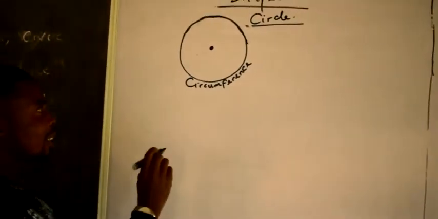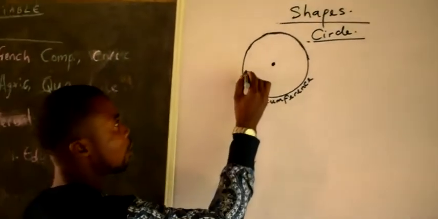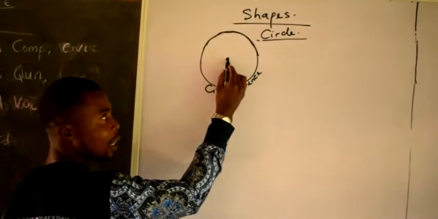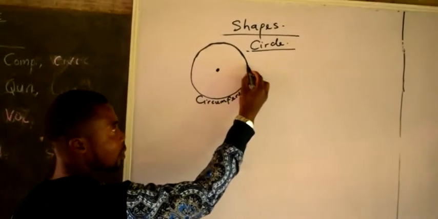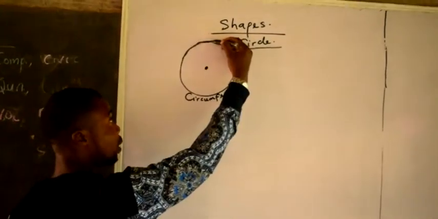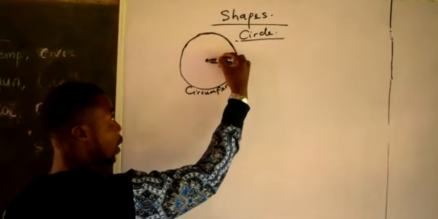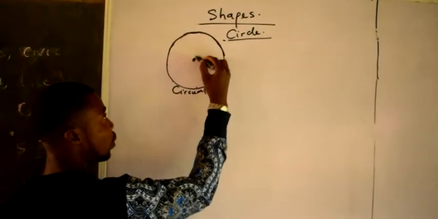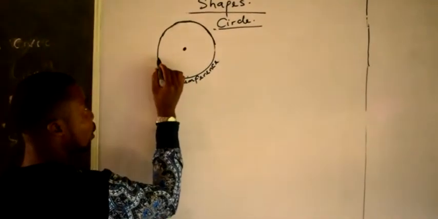But if a line is drawn from this circumference and passes through this center to the other circumference, you can draw it from here, pass through here to this place. Let me draw it.